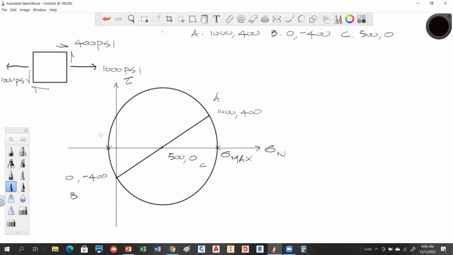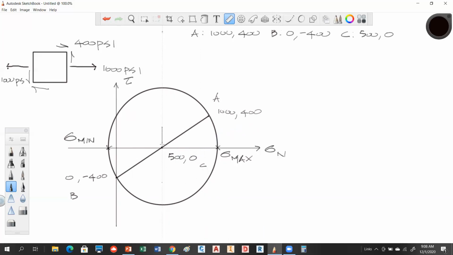This is going to be the point of minimum normal stress. And the points of maximum and minimum shear occur right through the circle's center.